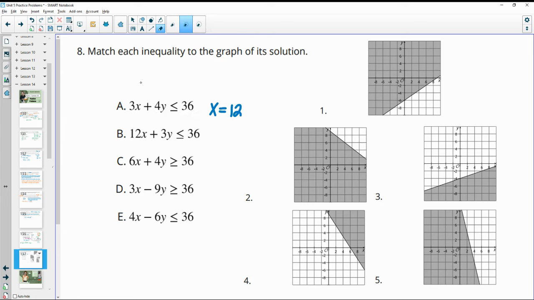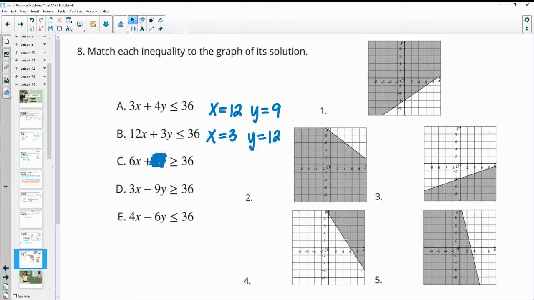Then we can do the same thing, but cross out the X. So then we can determine the Y by dividing by 4, and we get that the Y equals 9. And then I'm just going to do this for each of these. So I'll cross off the Y, meaning I'm plugging 0 in for Y. So I'll divide by 12, and I get X equals 3. Then I'll go ahead and plug in 0 for X, divide by 3, and we get Y equals 12.